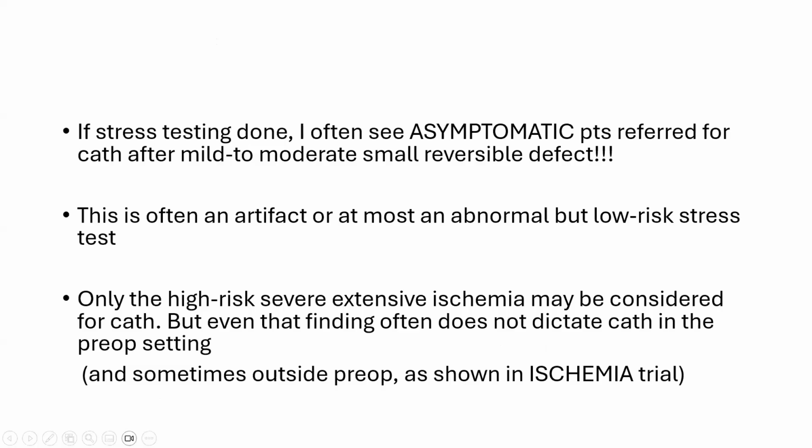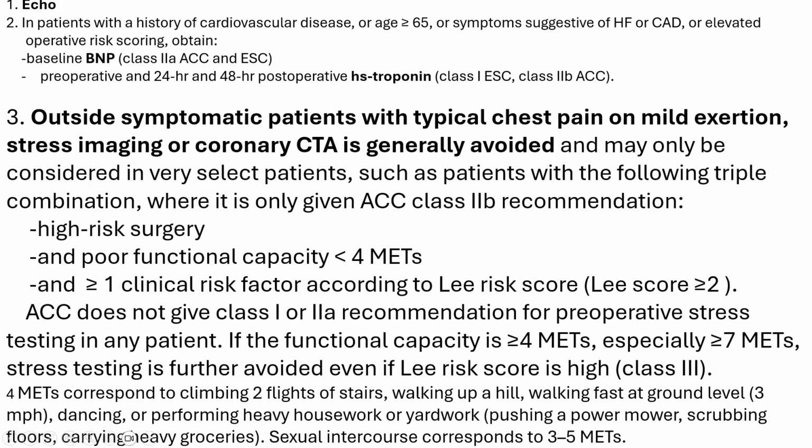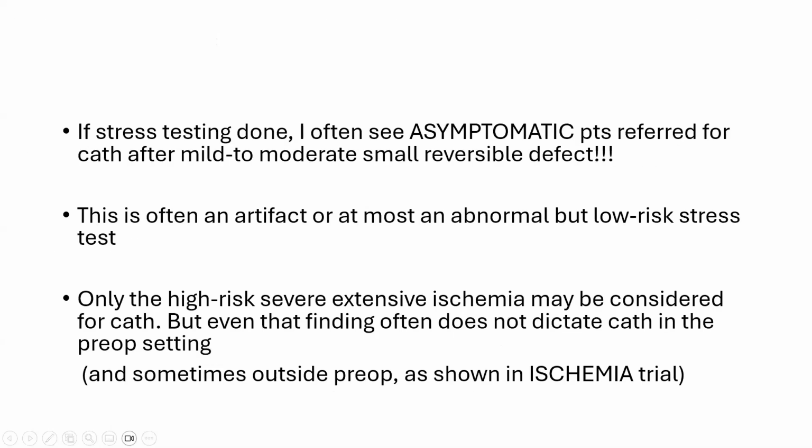And if stress testing is done for that class 2B recommendation, I often see asymptomatic patients who undergo that stress testing and who are referred for cath after a mild to moderate small reversible defect.